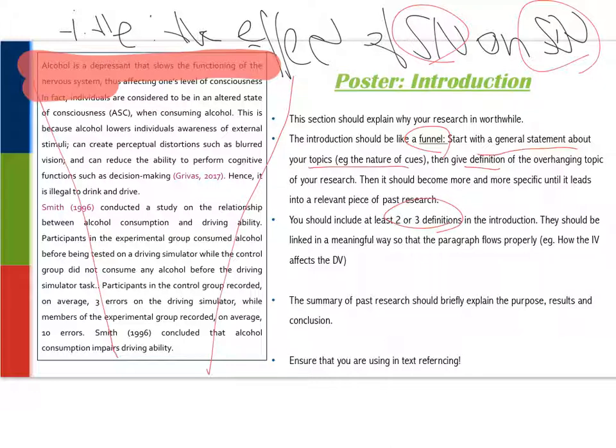Now, you aren't just going to give me 2 definitions, okay? If you have a look at this paragraph here, you can see it's just not one definition after another. They actually link. So what we're looking at is how is the IV affecting the DV? So holistically, in terms of your background theory, what you should start off with is discussion about retrieval cues and maybe how they help us to retrieve information.